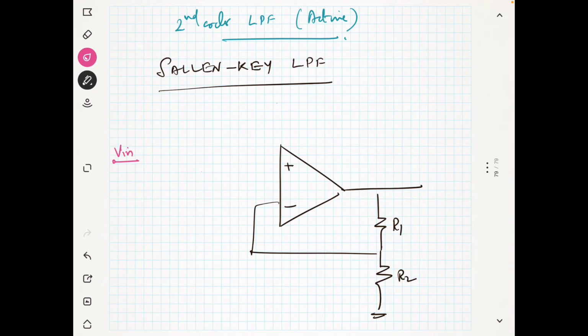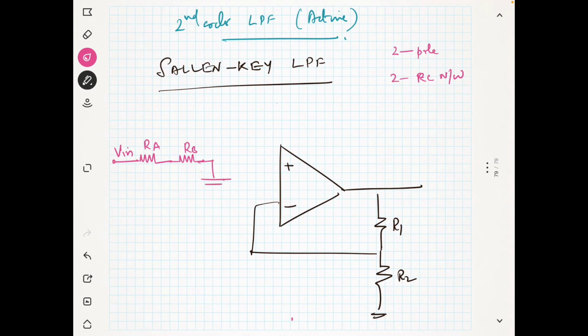Since we are talking about second order means two poles. So, 2 RC networks you can see. So, you see here there is one RC network here, this is RA, and you will get another one which is RB here.